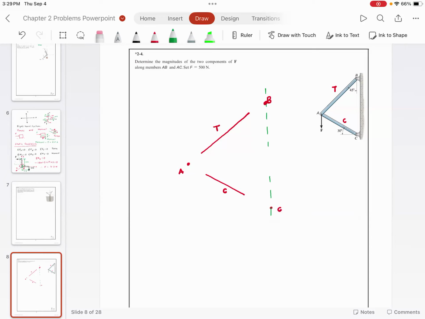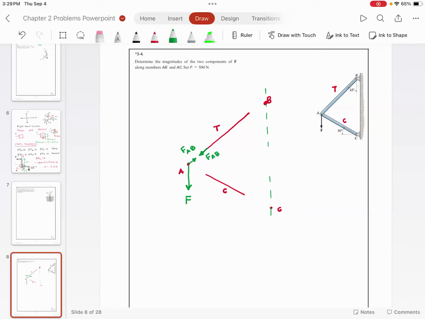So I have this force going down F. I have this force which is going down F. And this force is compensated or cancelled by this force, which is FAB. And this force is compensated by the reaction force in the member FAB.